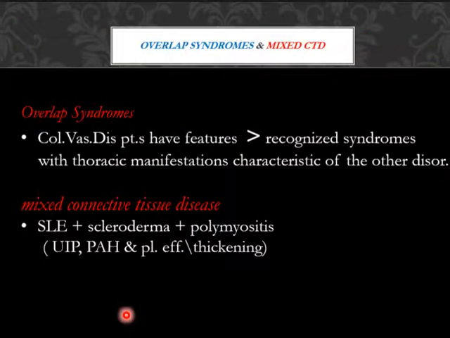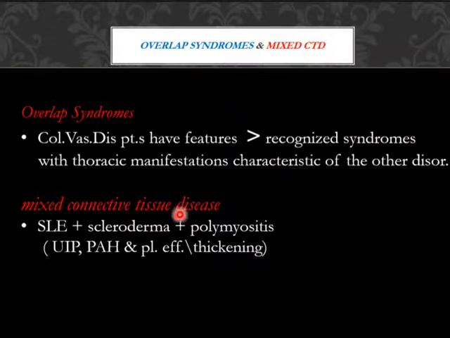What do we mean by overlap syndrome and mixed connective tissue disease? Overlap syndrome is when a patient has features of more than one recognized syndrome with thoracic manifestations characteristic of the other disease. For example, a patient with scleroderma and SLE, or scleroderma and rheumatoid arthritis. This is overlap syndrome.